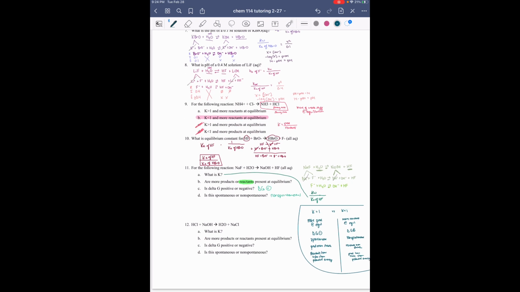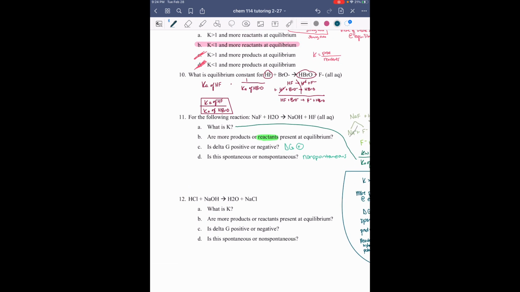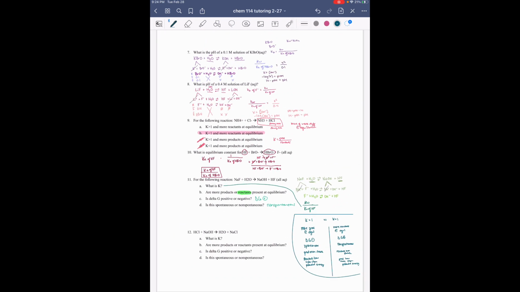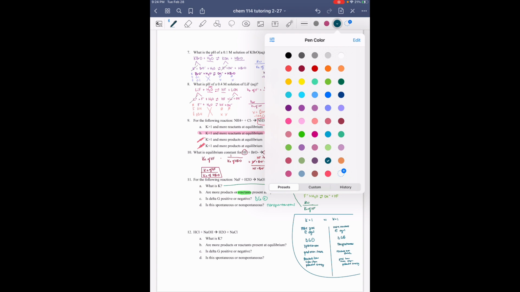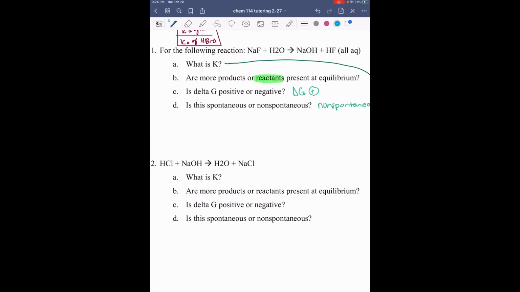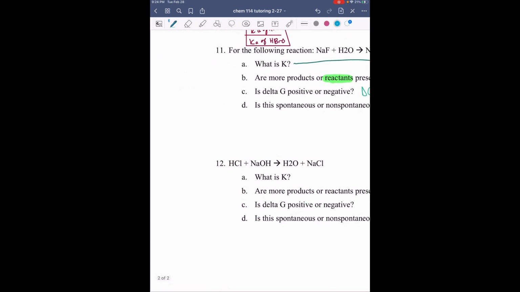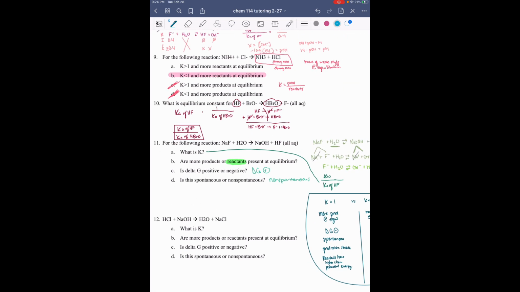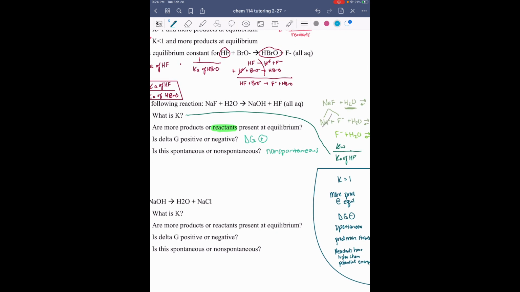And then we'll do this one real quick. Okay, so here we have HCl. I have HCl plus NaOH yields H2O plus NaCl. So let's get rid of spectator ions.